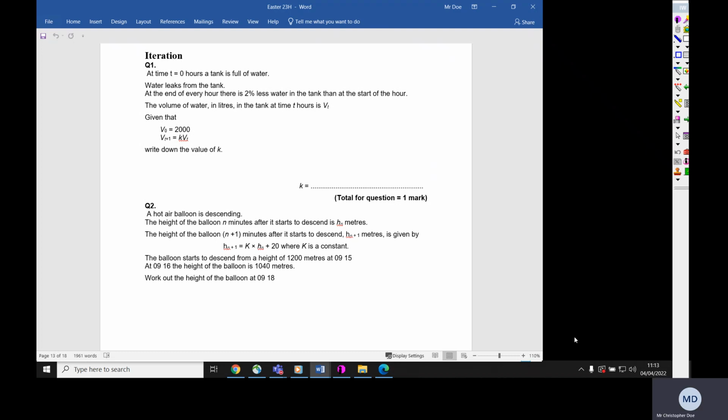It's only worth 1 mark, so it's not quite as hard as it looks. Just going to add in a bit more space.